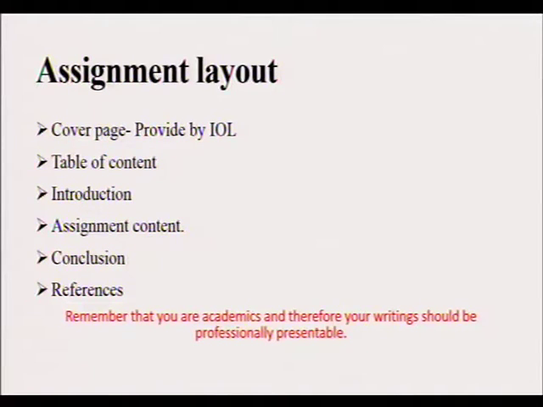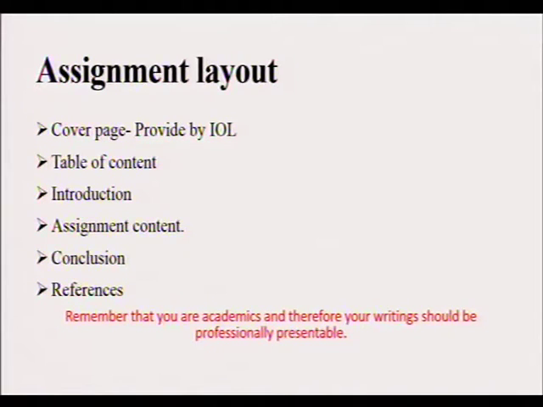Then there should be a very short introduction, not more than half a page. A paragraph or two is enough for the introduction: what you are going to discuss or write in the assignment.